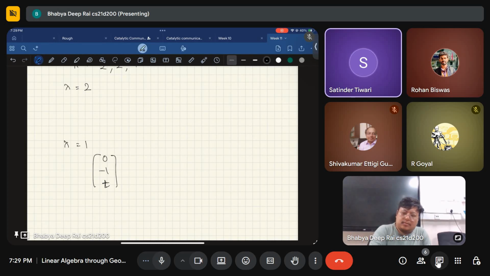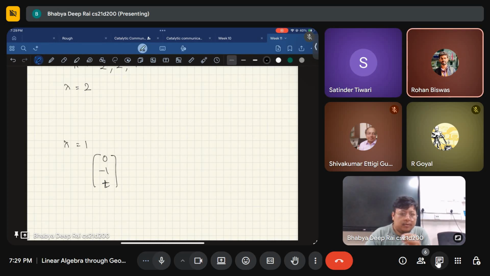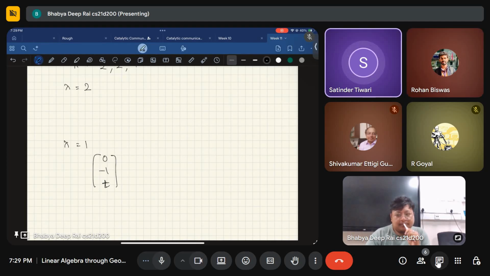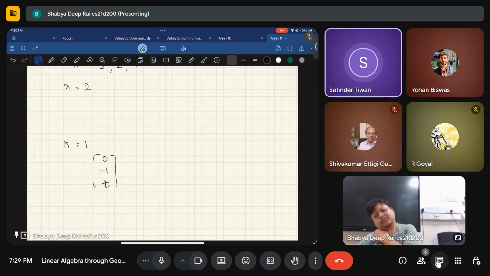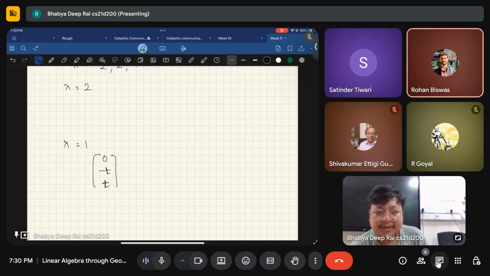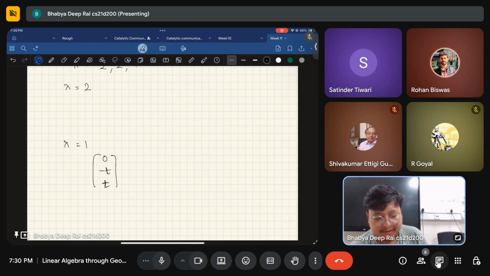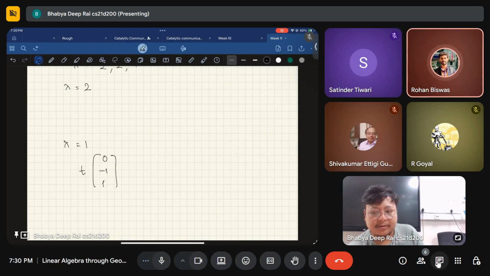Then you have to determine x2 in terms of x3 only, so in x2 also we have to put minus t. That's why we have taken t common. So you mean this is also t. Okay, so it is 0, 1, minus 1, or this one.